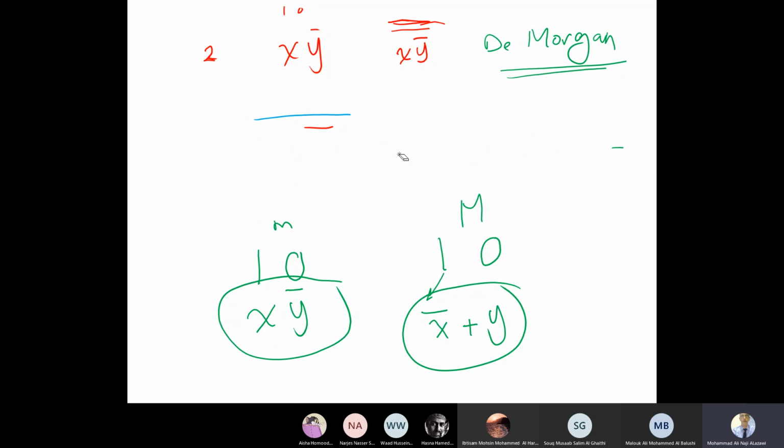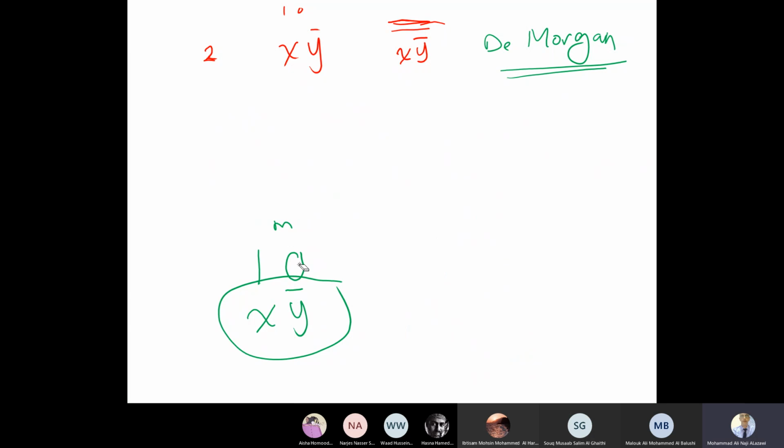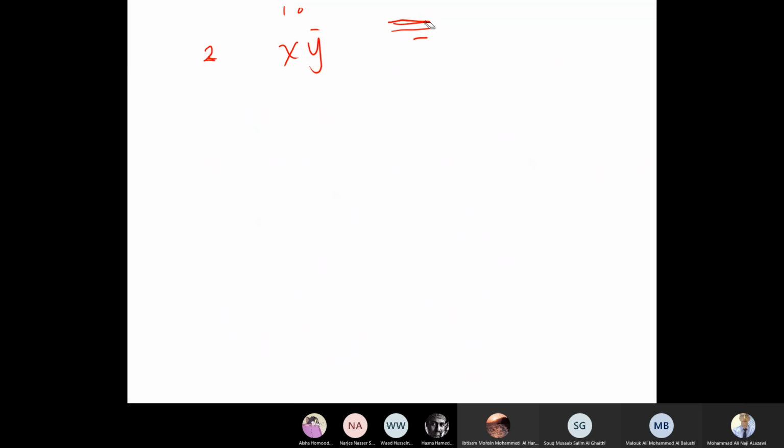ما أعرف كيف أمسح كل هذه، لازم أمسح خط خط. أوكي، الآن راح آخذ رقم 2، اللي هو m or M. يعني يا إما min term or max term. راح آخذ m2 or M2.